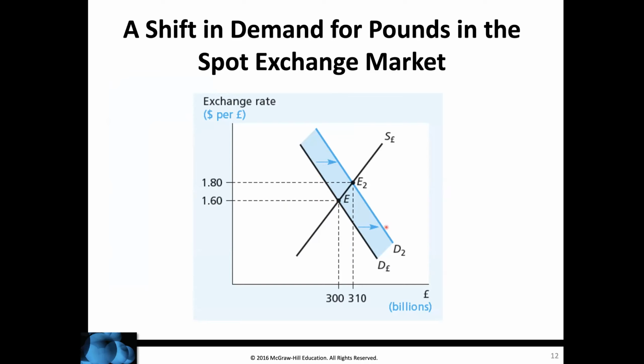And this shift can come for different reasons, but we're showing here an increased demand for the British pound, and the supply curve is remaining unchanged. The exchange rate value in this instance is going to shift up to point E2, and the new equilibrium price will be $1.80 per British pound.